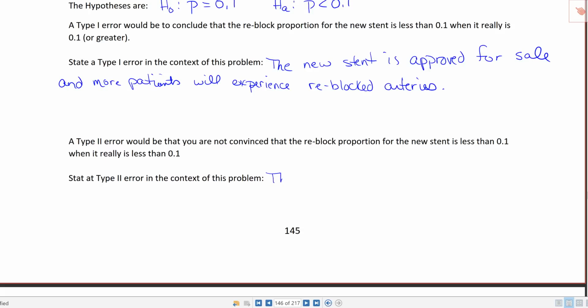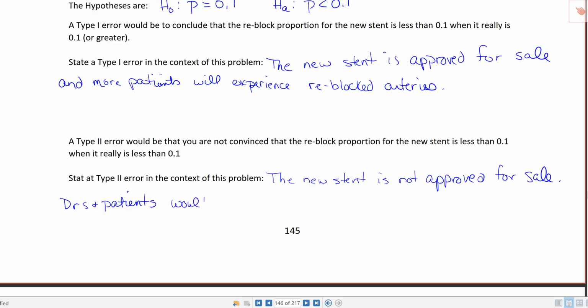We could say that the new stent is not approved for sale. So doctors and patients would not benefit from the new design.